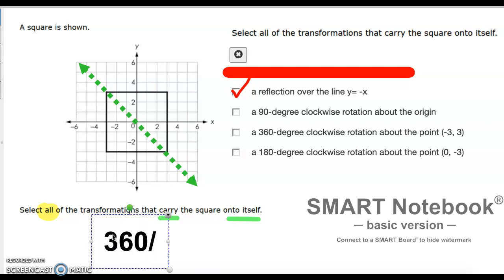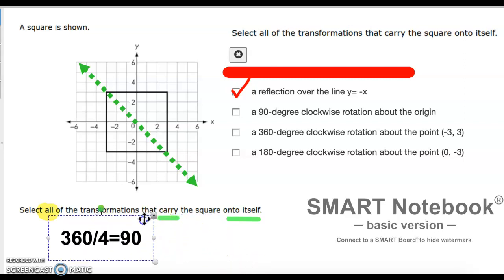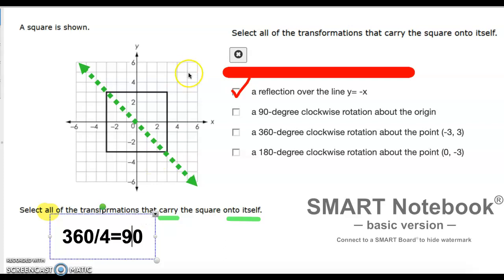And a square is a regular polygon because remember, in a regular polygon, all of the sides are congruent and all of the angles are congruent. So if we do 360 divided by 4, we get 90. 90 is the minimum number of degrees we would have to rotate this square about the origin in order to map it onto itself or carry it onto itself. So this is a correct answer.